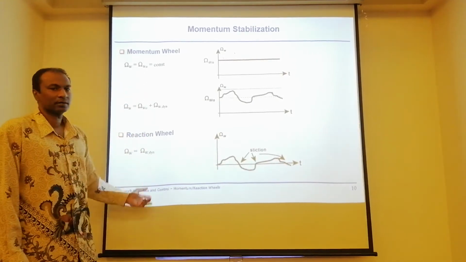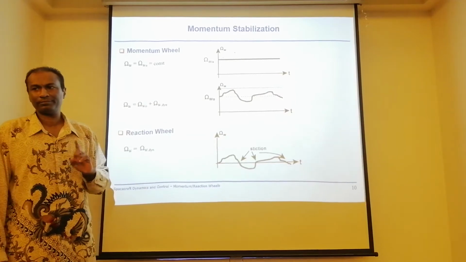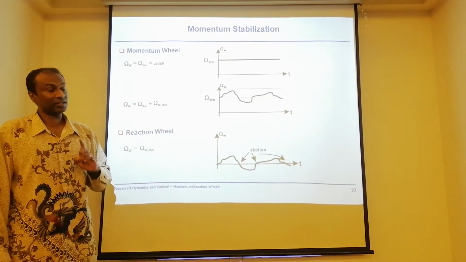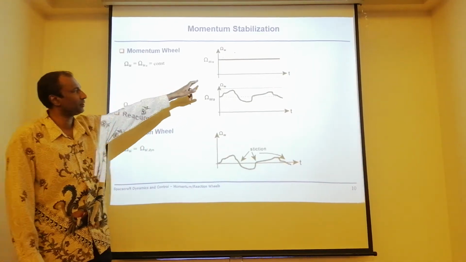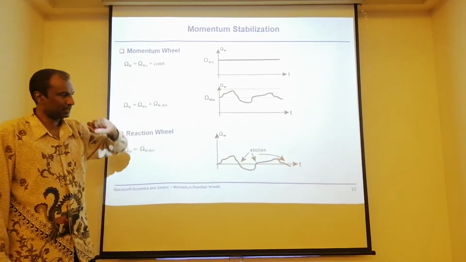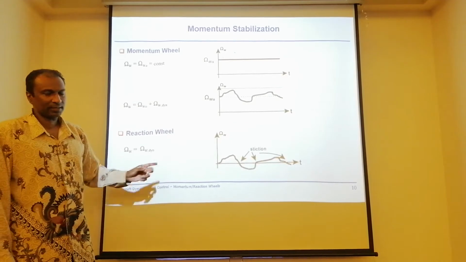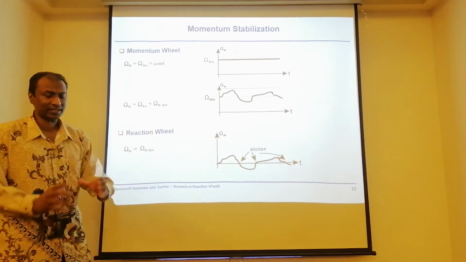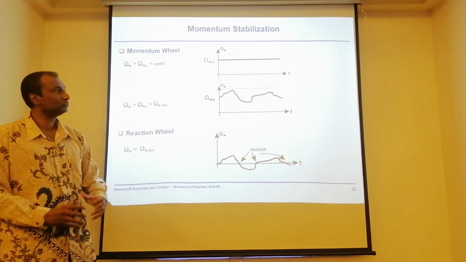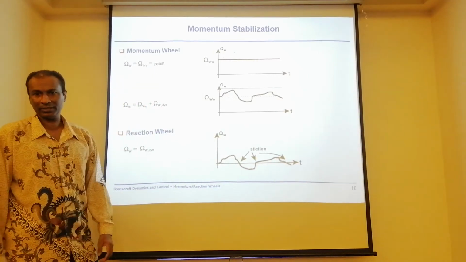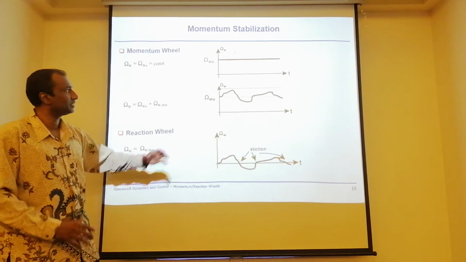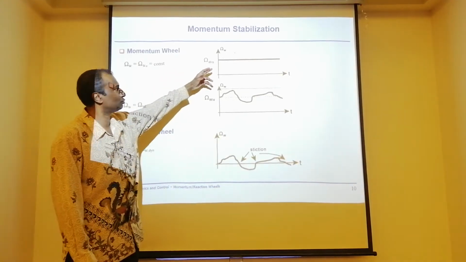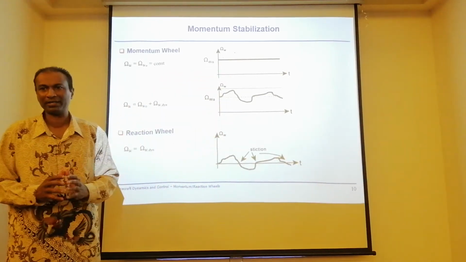Reaction wheel, you can't have both. You can't have a bias momentum. Why? Normally the reaction wheels are smaller compared to momentum wheels. So you don't have much inertia to produce the exact bias momentum.